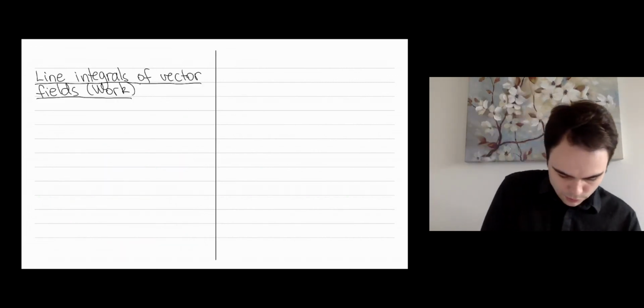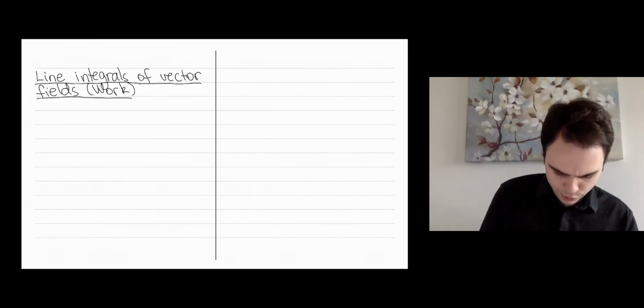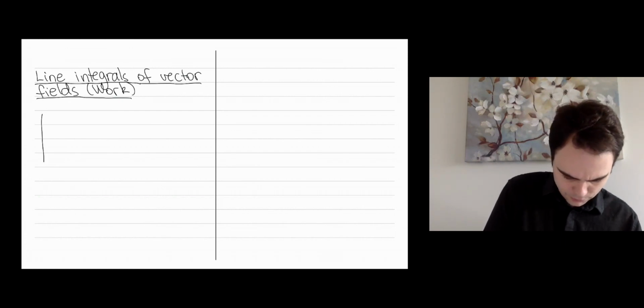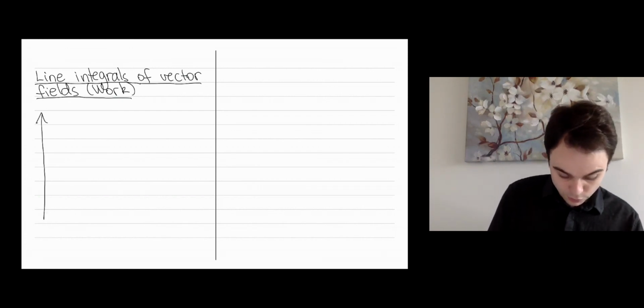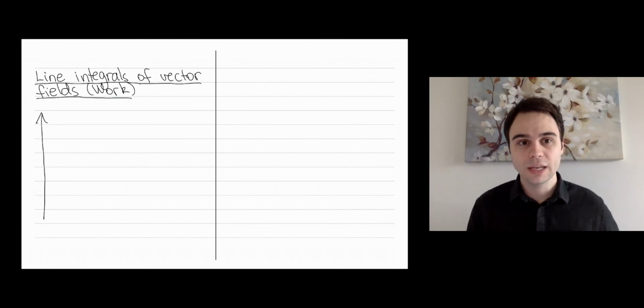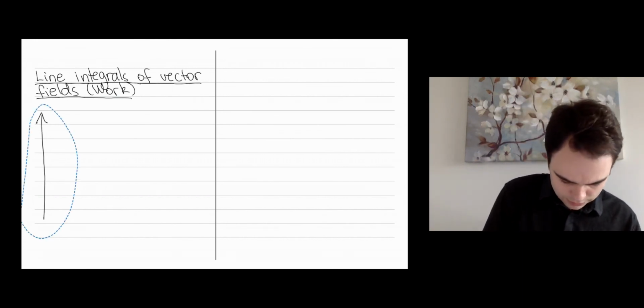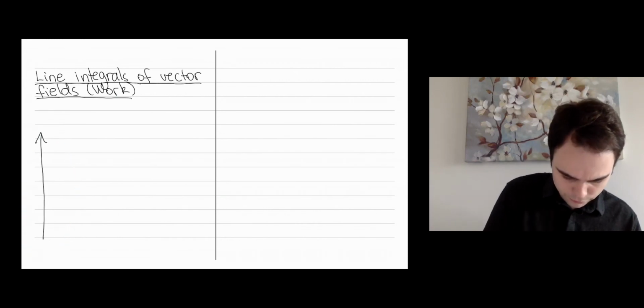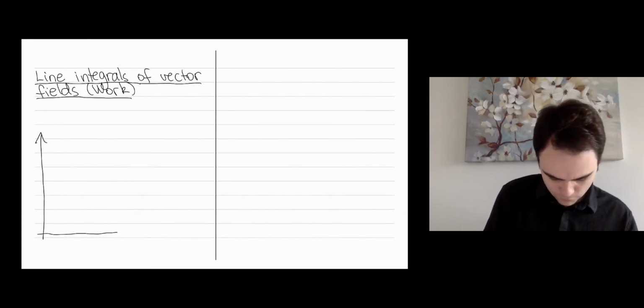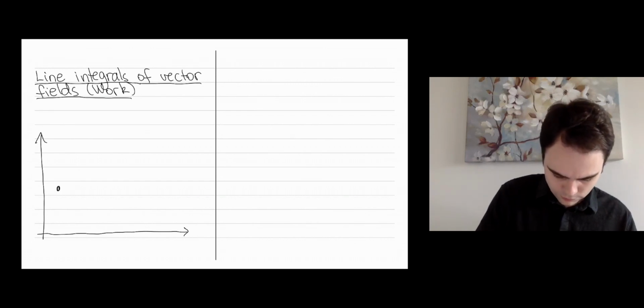Okay, so let's now discuss line integrals of vector fields. I'd like to tell you next how we can integrate a vector field over a curve. So let me draw the curve so we can talk about it. Here's a curve, basically the same curve as before.